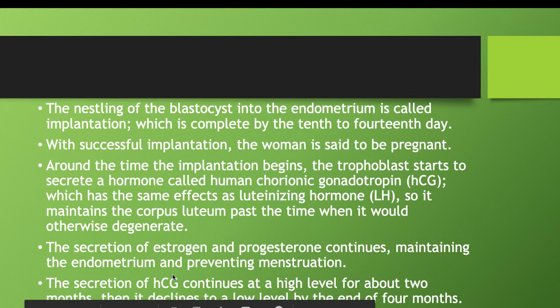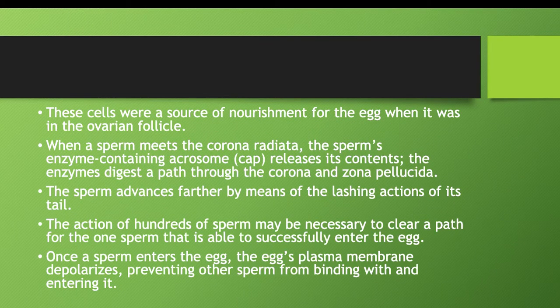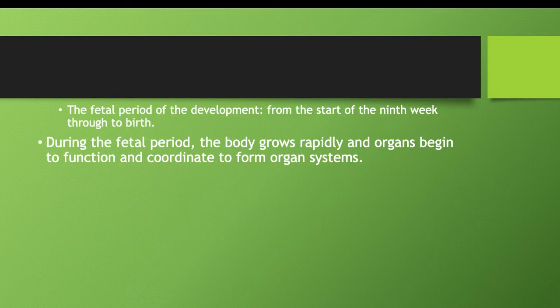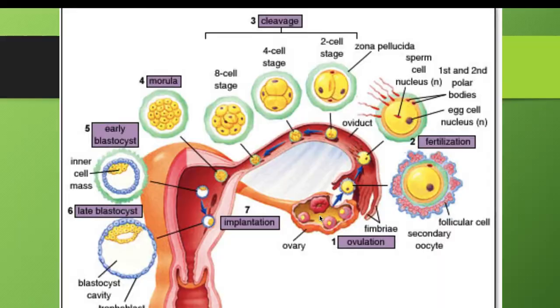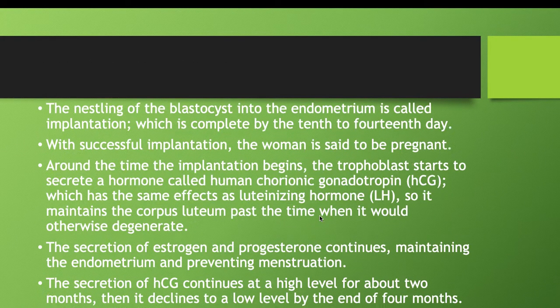Remember, that's your... now I can't even remember. What is that stage called? That's right at the very first. The embryonic stage. So that embryonic stage, which is those first 2 months, it's really important that the HCG, which is that hormone, is kept at a really high level so that your embryo can develop.